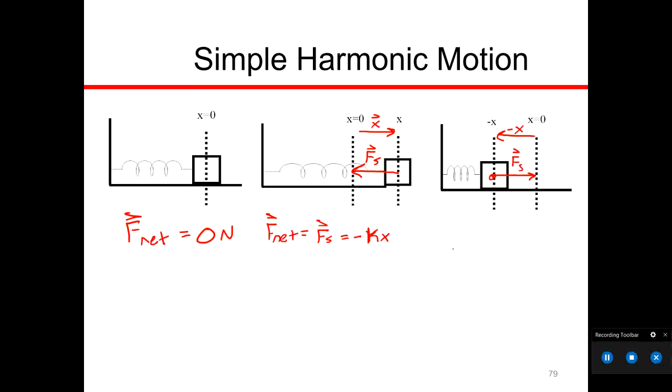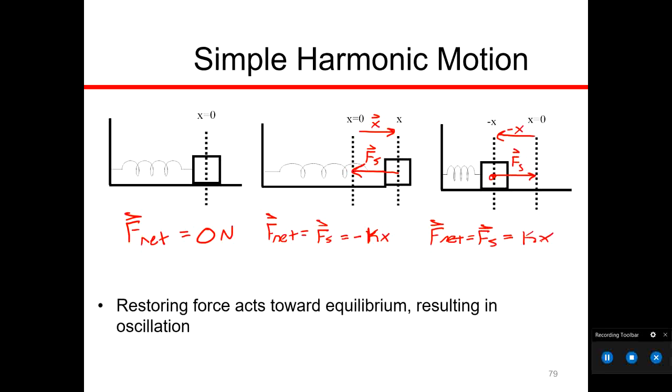Again, our net force equation is Fs is equal to negative kx. Since our x is now negative, the two negative signs will cancel out, giving us a positive value for our spring force. An important thing here is the spring force always acts toward the equilibrium, resulting in an oscillation.